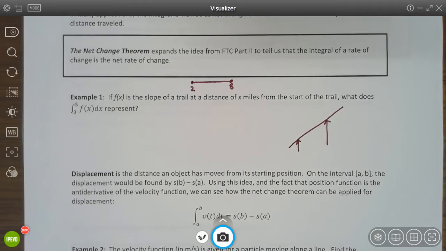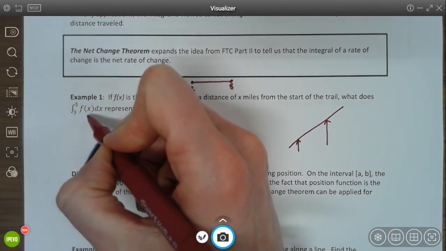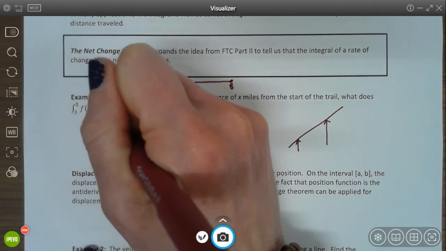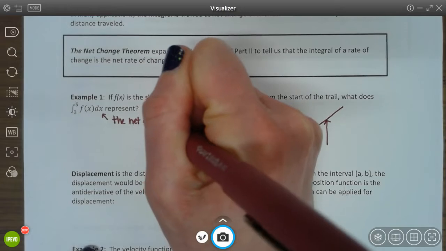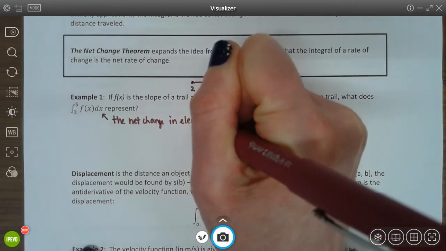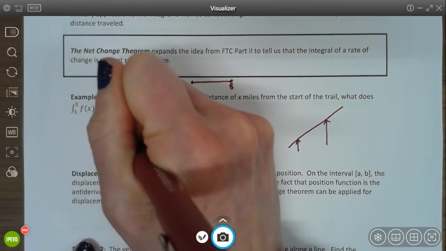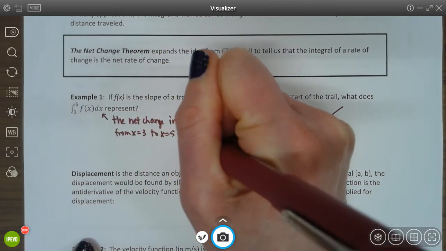So that integral from 3 to 5 of f of x dx, where f of x is again representing the rate of change of elevation, because that's my slope, would represent the net change in elevation from x equals 3 to x equals 5. And that's miles from our starting point.